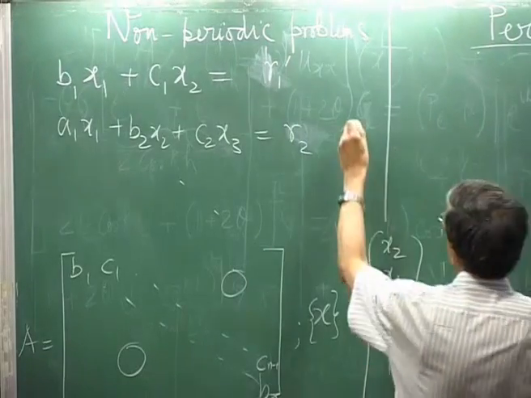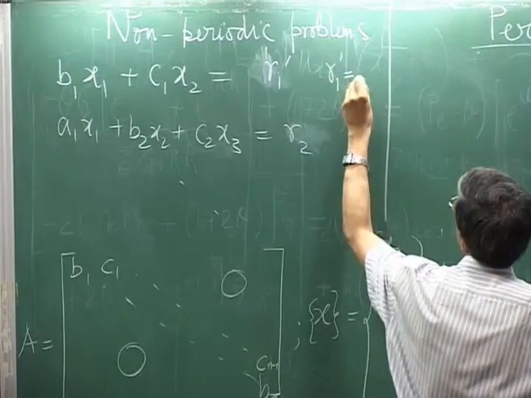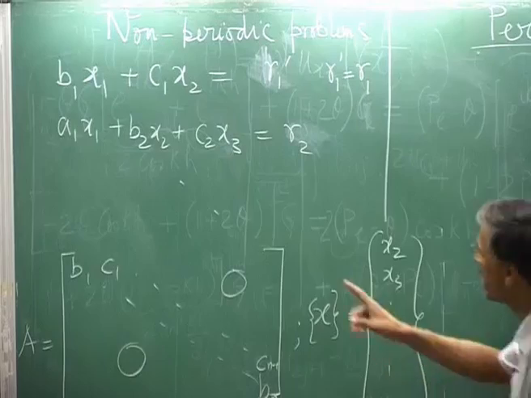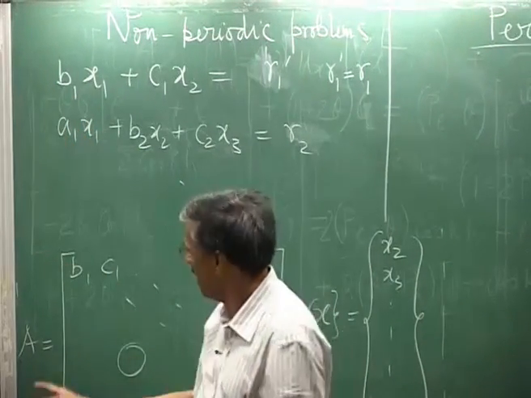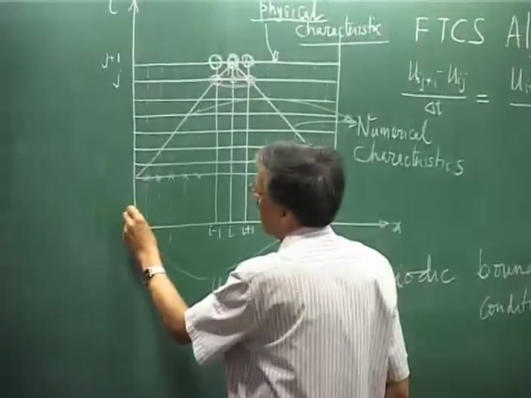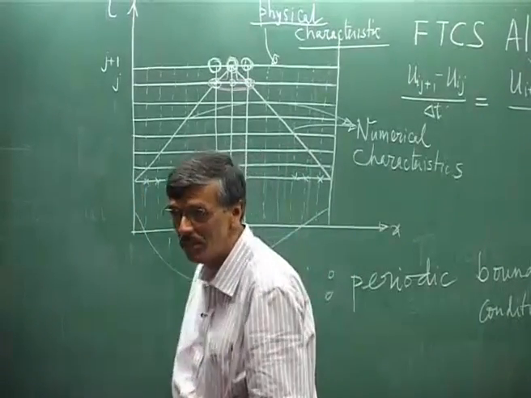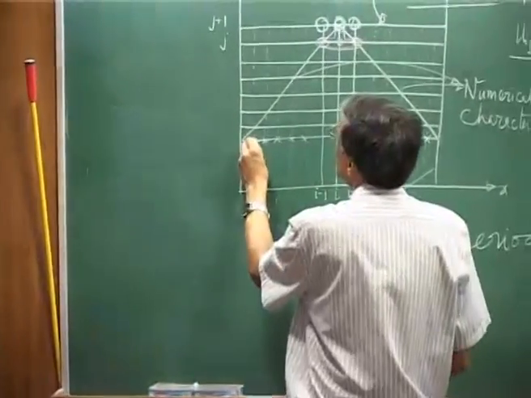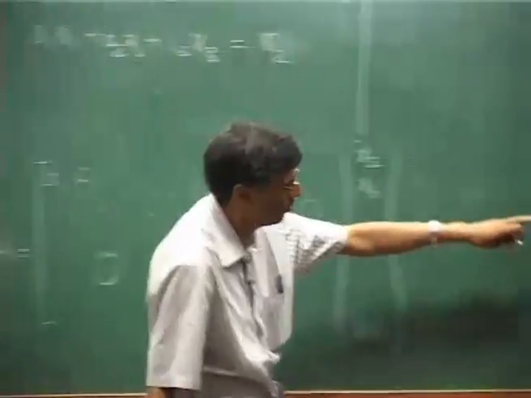Whatever R1 that I had, I also had a quantity called a1. If I have this as i equal to 1, I am now writing the equation from 2 onwards, right.